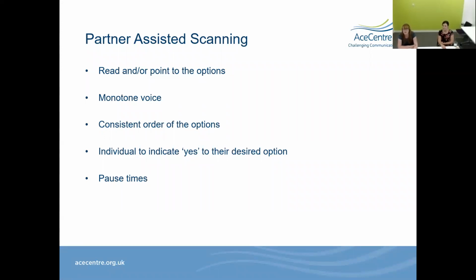So why might you use partner assisted scanning over eye pointing, as Ruth just talked about? There might be occasions where eye pointing is not accessible. That might be sometimes people's eye pointing is quite hard to read, and if their eye movements are not controlled, they might have visual difficulties.